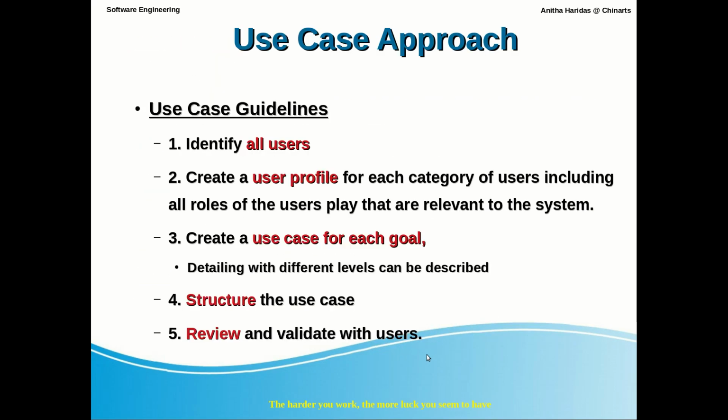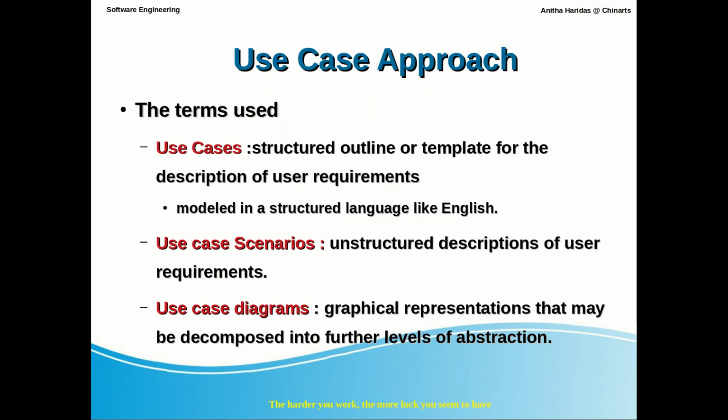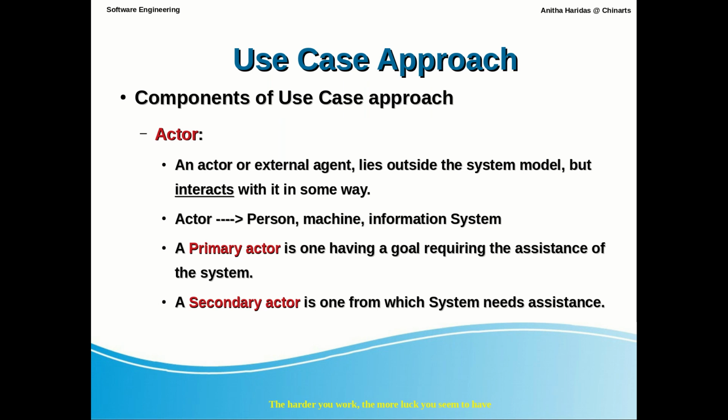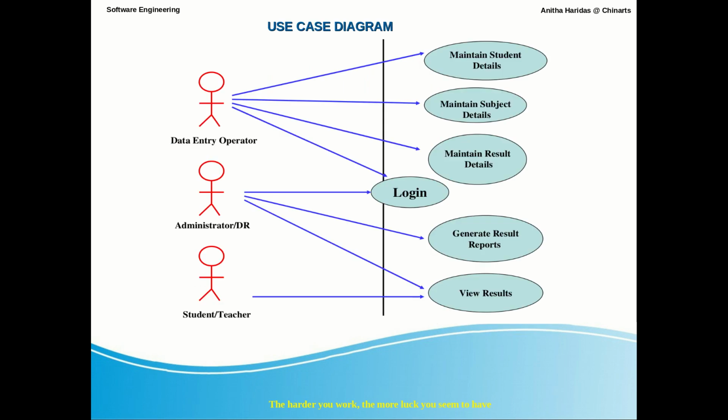So your use case approach gives you a functional view, and the 3 terms used in the use case approach we have discussed. The 2 components of use case approach, actor and use cases, we have discussed. And what is a use case diagram, how it is being represented, we have discussed.